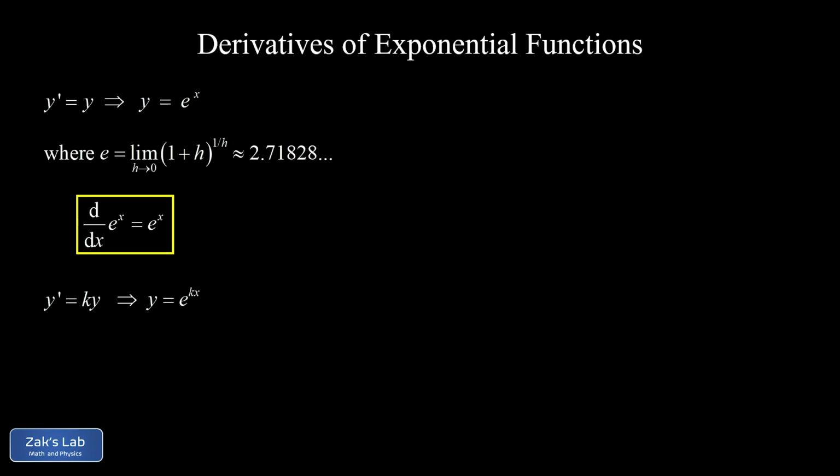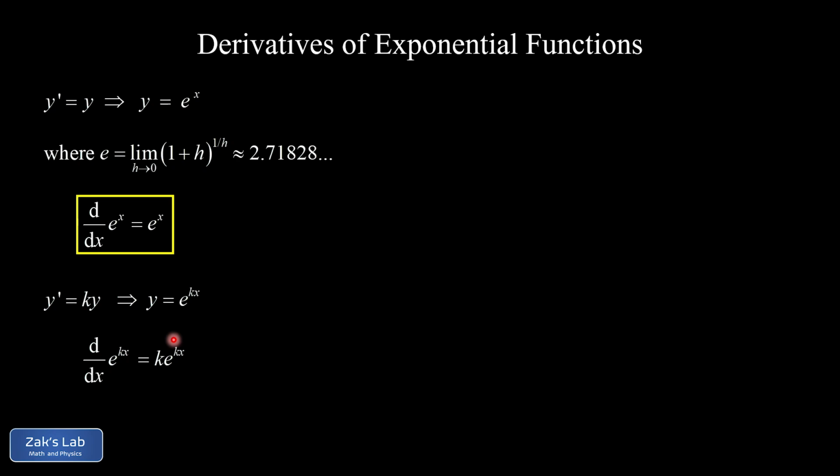The reason this is true is that when we take the derivative of e to the kx, we have to view that as a function composition. It's e raised to some function kx. So we apply the chain rule. We take the derivative with respect to kx, and that gives us the exponential piece.